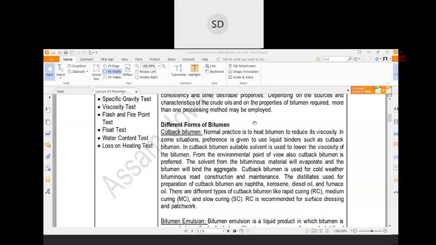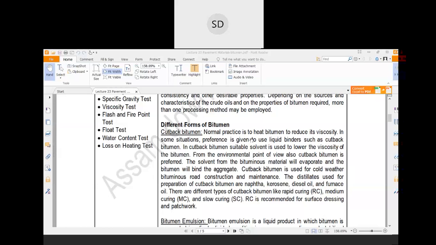Rapid curing is recommended for surface dressing and patchwork because if you use rapid curing, the surface would be ready within a few minutes. Therefore, it would be very easy.